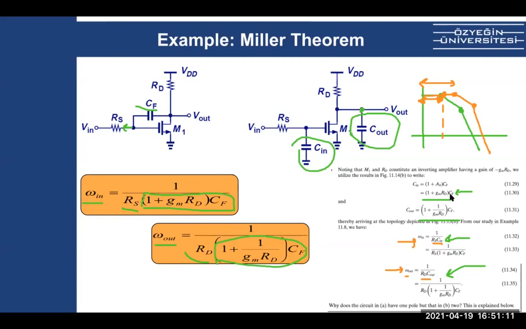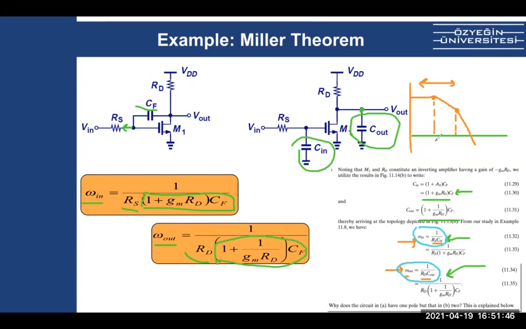You have two poles. One is this and one is this. Bu polların location'larını şurada bir daha çizeyim. Rastgele yazdım. Mesela biri omega in, biri omega out. Ama hangisi şu anda bilmiyoruz. Devrenin büyüklüğüne, C'nin büyüklüğüne göre, R'ın büyüklüğüne göre değişecek tabii.